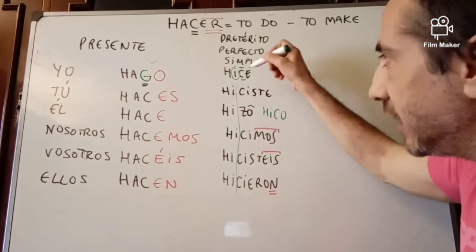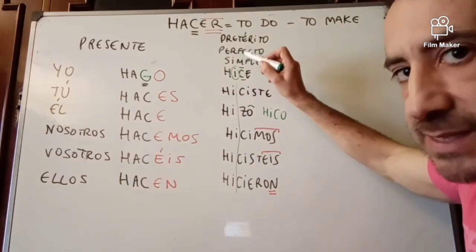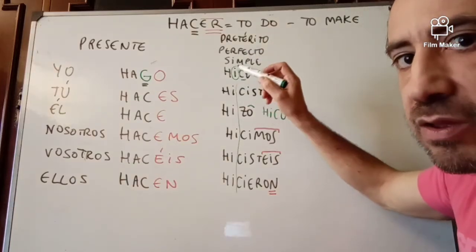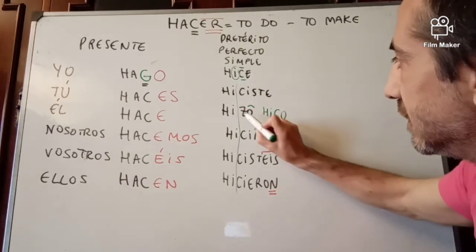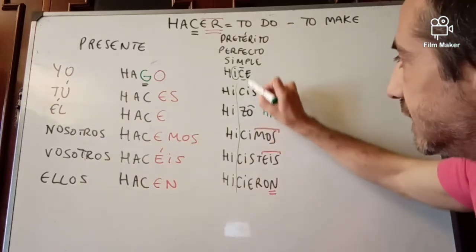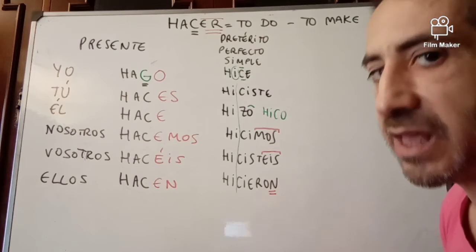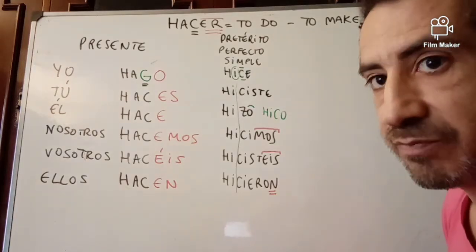So, as we want to keep the S sound, or in Spain the Th sound, we have to change this C for a Z. Hice, hiciste, hizo. In Spain, hice, hiciste, hizo.